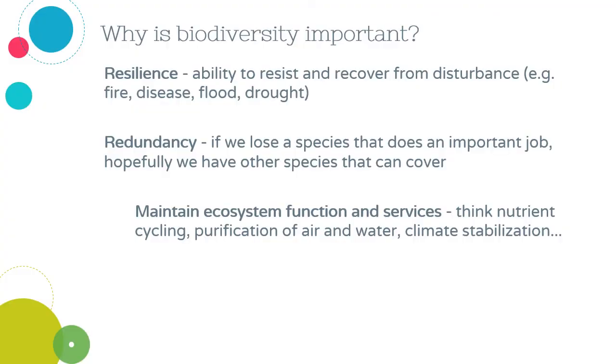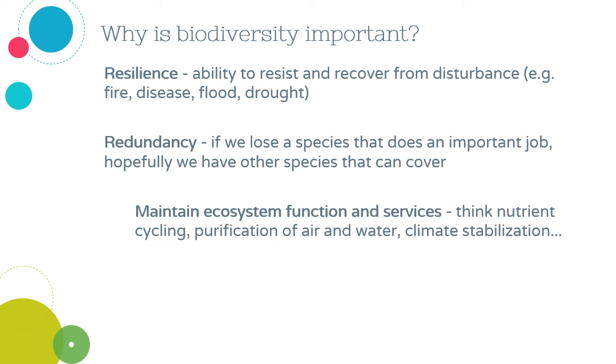So resilience and redundancy lead to this maintenance of ecosystem function and services. So for each of those categories, if we have more tree species in that forest, we are able to be resilient and to resist potentially the effects of a fire or a disease or a drought, because we'll have some variation in our species that are able to react to those conditions differently, and hopefully some will survive.